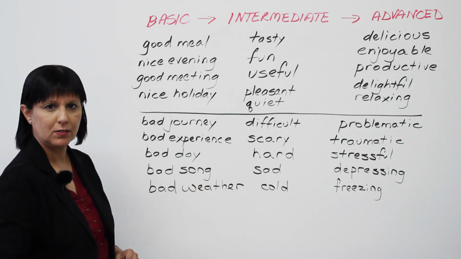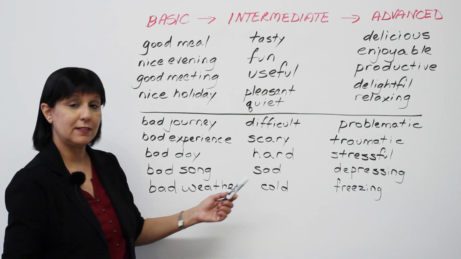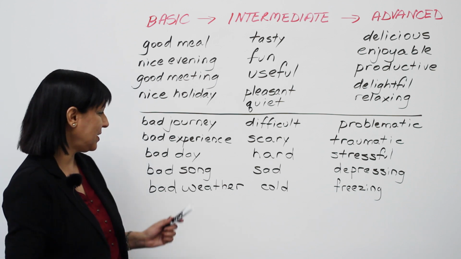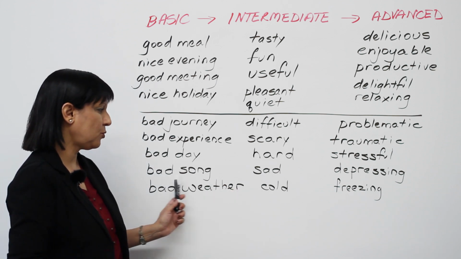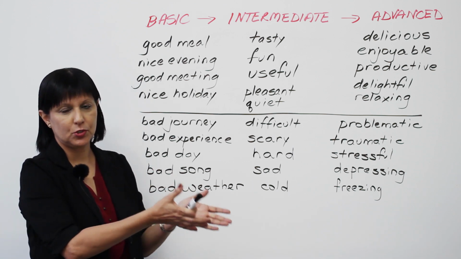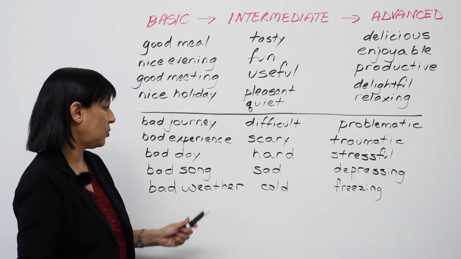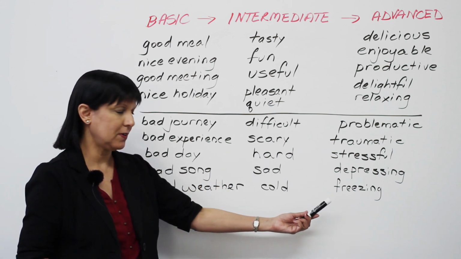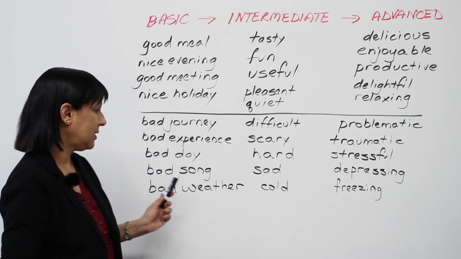That's a bad song. That's a sad song. That's a depressing song. Okay? Now here, I changed. Of course, bad and sad don't mean the same thing, but I gave it a particular meaning. All right? So in this case, it was bad for me because it was sad. Or even better, it was depressing. All right?